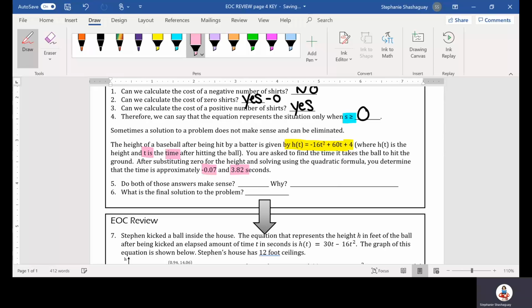Do both of these answers make sense? Well, negative 0.07 does not make sense because you cannot have negative time.